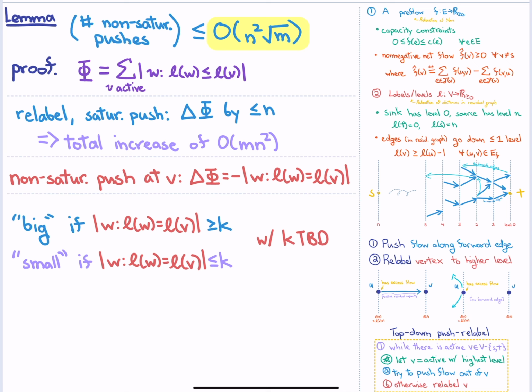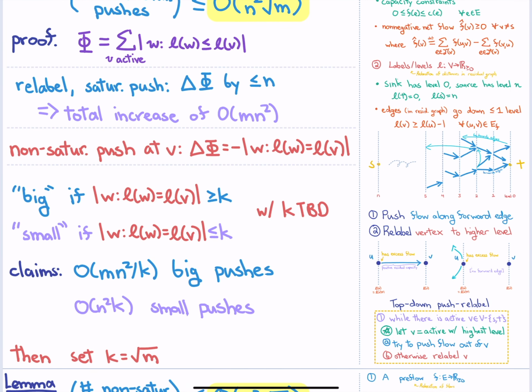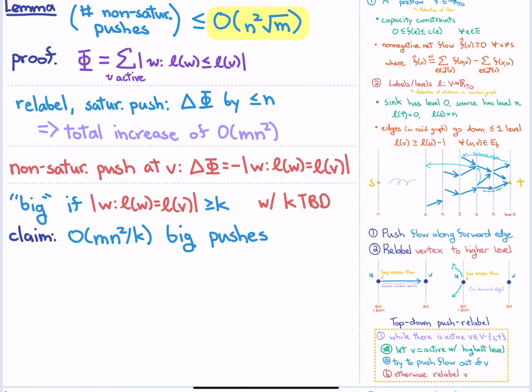Almost done. We'll have two claims. One is that there's at most mn squared over k big pushes. The other is that there's at most n squared k small pushes. And then you just choose k to balance the terms, which in this case is square root m. So let me quickly do these two claims, if I can remember.